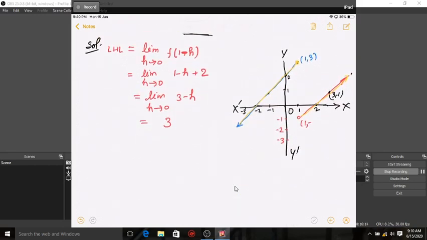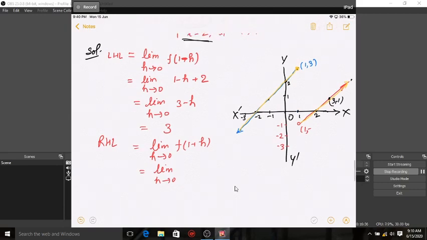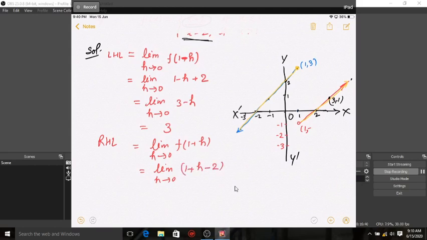Now the right hand limit is equal to limit h tends to 0 f(1 plus h). Now see, for x greater than 1, the function is x minus 2, so we can use 1 plus h minus 2 here.